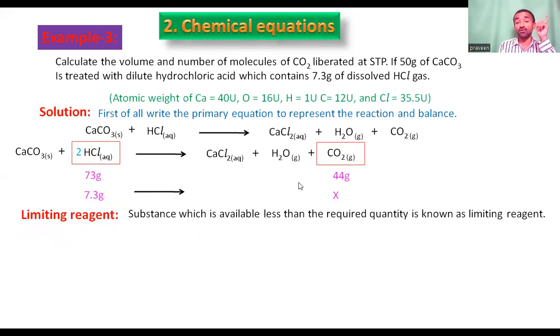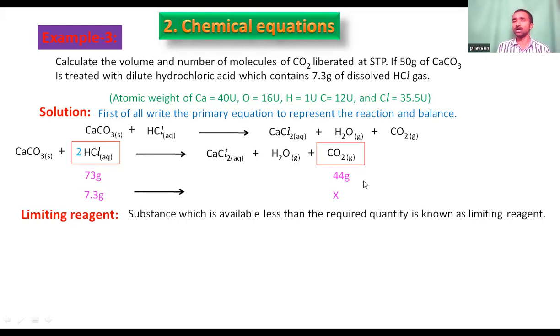So what amount of carbon dioxide is liberated when 7.3 grams of HCl reacts with the calcium carbonate, whatever the amount may be. Our question has changed, same as the first or second example. We are not depending on the 50 grams of calcium carbonate, only the 7.3 of HCl. We are depending only on what amount of carbon dioxide is liberated when 7.3 grams of HCl reacts with the calcium carbonate. Simple. We made it. And also, I have the relation.